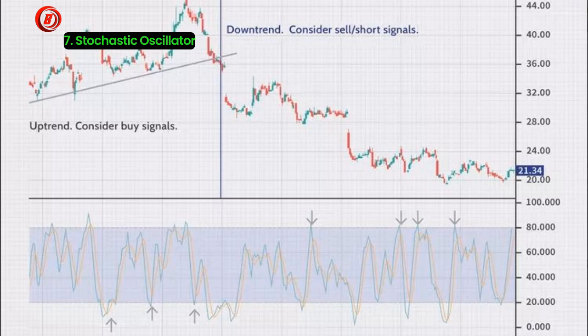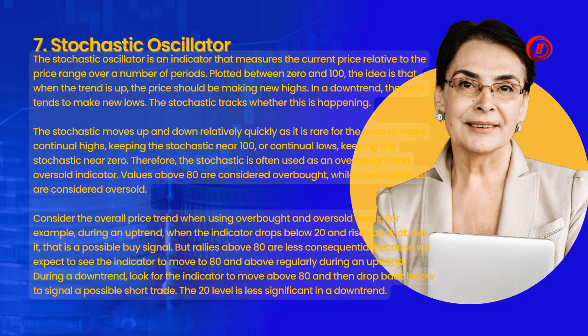Therefore, the stochastic is often used as an overbought and oversold indicator. Values above 80 are considered overbought, while levels below 20 are considered oversold. Consider the overall price trend when using overbought and oversold levels. For example, during an uptrend, when the indicator drops below 20 and rises back above it, that is a possible buy signal.